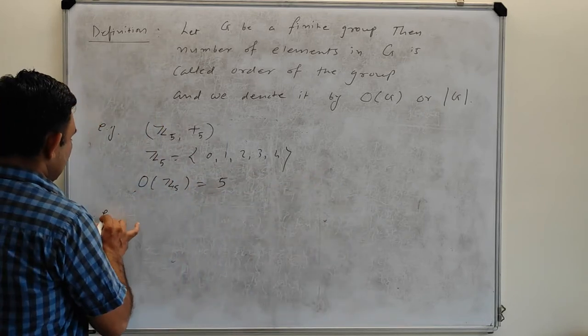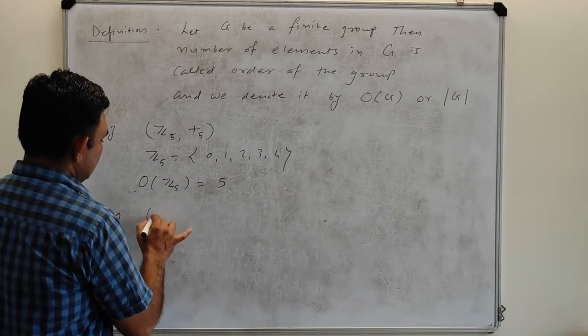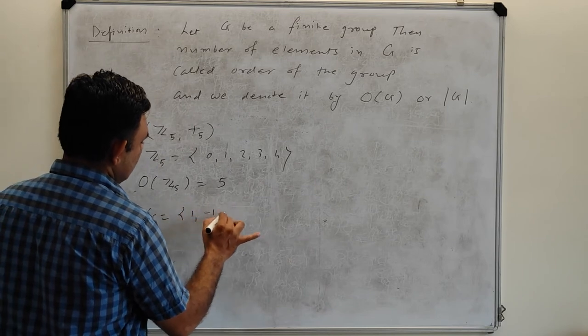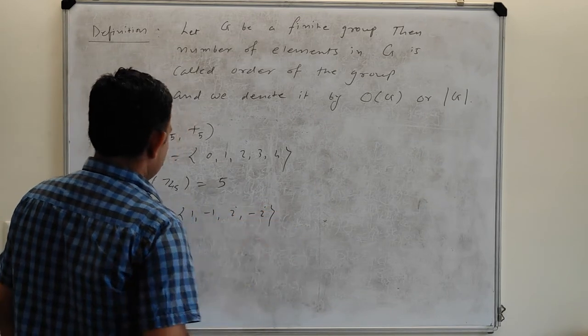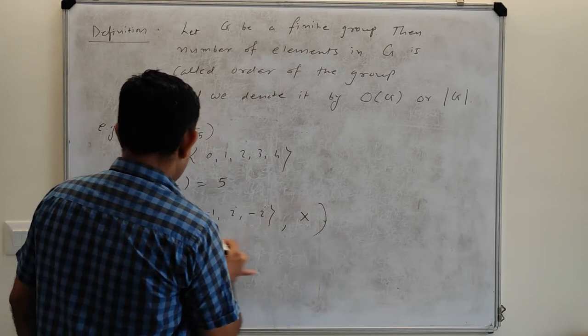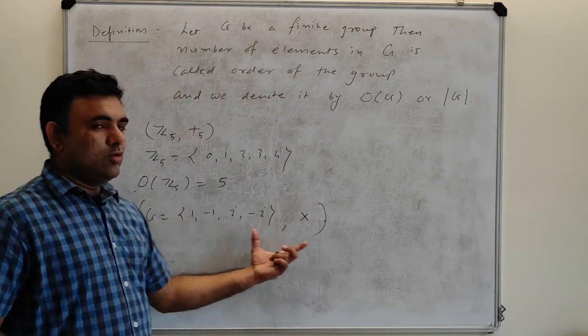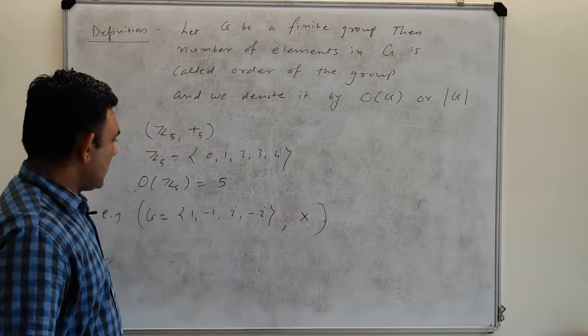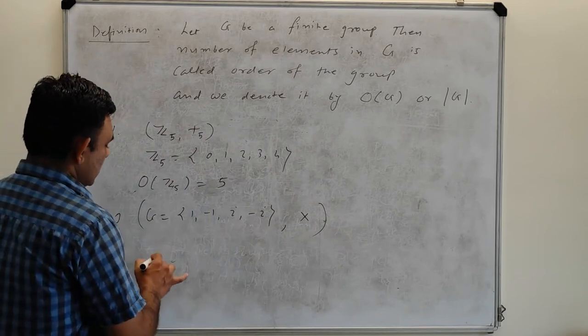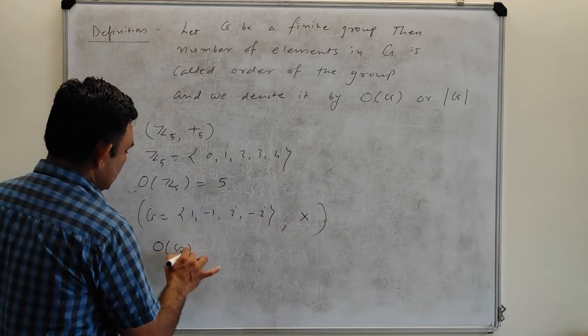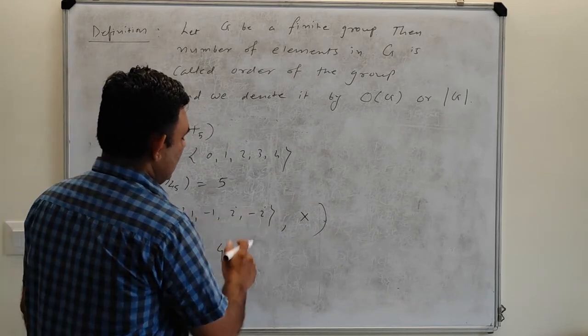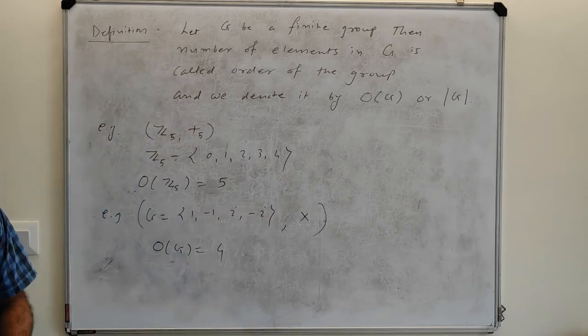Similarly, consider G equal to {1, -1, i, -i}. This will be a group with usual multiplication of complex numbers. So here the order of G is 4, because there are 4 elements in the group. So the order of G is 4.